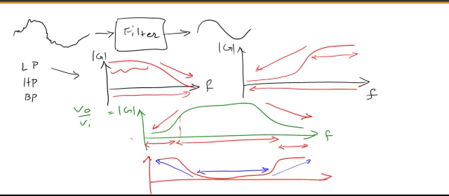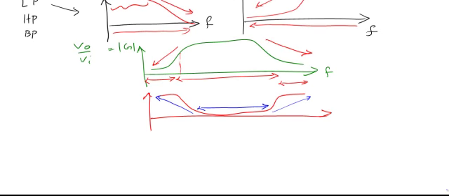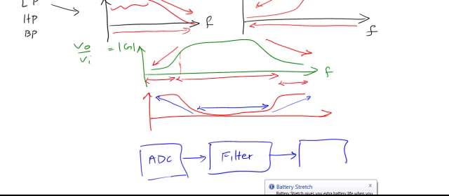So how do we implement it in the DSP board? In order to do that, we have to use the FDA tool. So what we do, we are going to have our ADC module on the board, which is connected to a filter, and the filter is connected to the DAC.